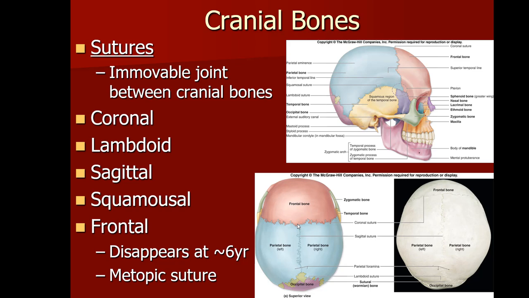So in normal situations, the frontal suture, which is between the 2 sides of the frontal bone, will disappear. But if it remains, and sometimes it does, and it's not normal, but if it does happen and you have an adult that still has that suture between the 2 sides of the frontal bone, you don't call it the frontal suture anymore. You call it the metopic suture. So metopic suture refers to the frontal suture that has not gone away after about 6 years of age.